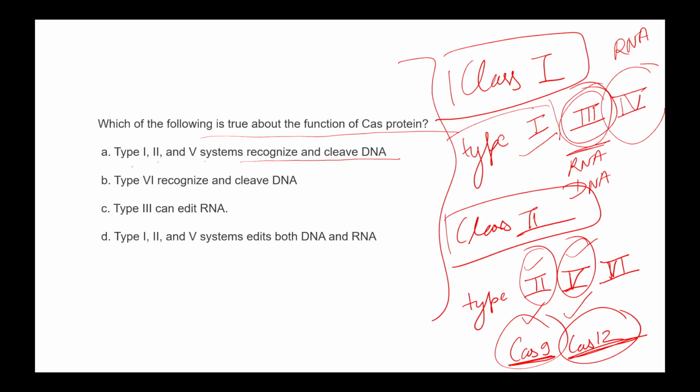Type 3 can cleave both RNA and DNA, and type 4 can only cleave or edit RNA. So the first option, type 1, 2, and 5 recognize and cleave DNA, is it correct or not?